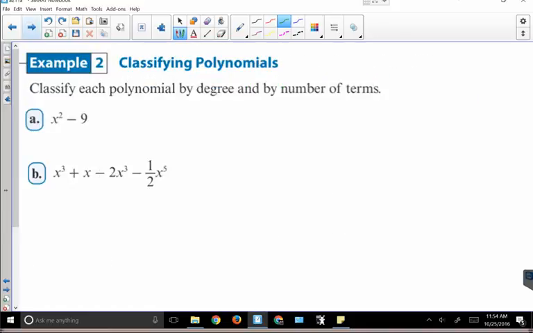So, if I go on to this, we need to be able to identify the two things. Okay, what type is it, and what's the degree? So the degree here, what's the highest exponent you see on A? Well, I see a 2, so that means that this is a second degree polynomial. How many terms are there? 2.